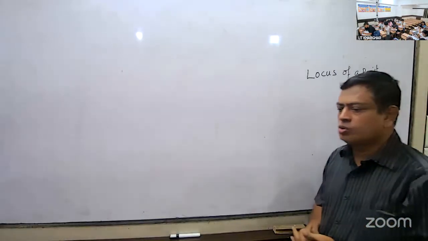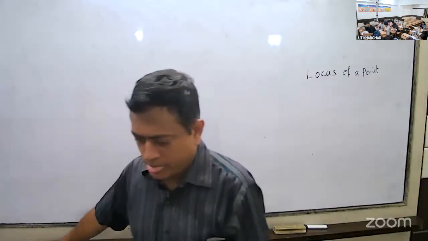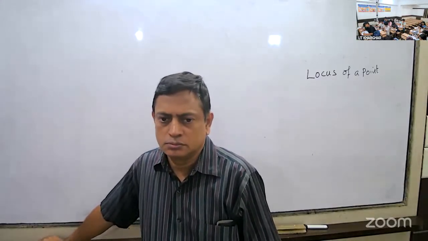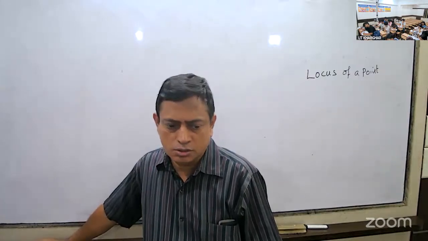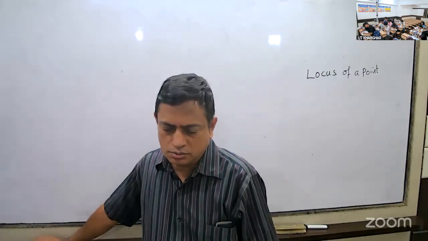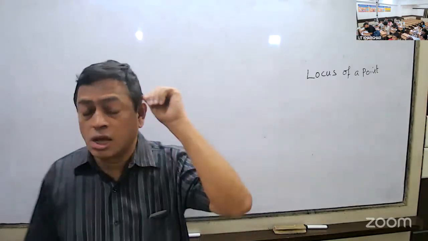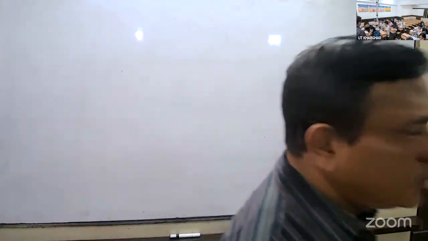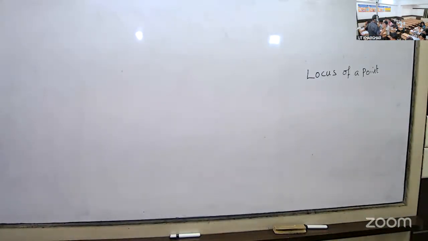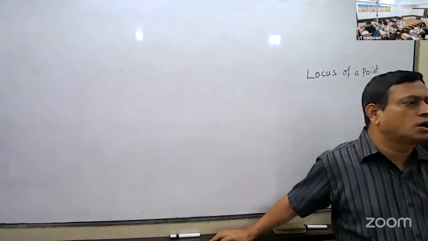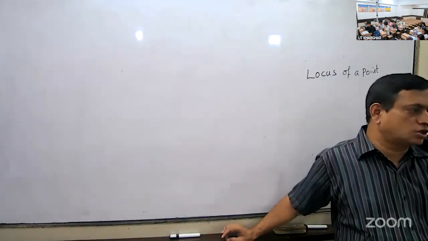Collection of points having a common property or more than one property. It can be only a single property or more than one property. Now, instead of that, it will also be given as: it is a path traced. It is a path which has a common property. Same thing only. Okay. Now, what is the meaning of locus? It means you apply the common property and obtain the set of points.